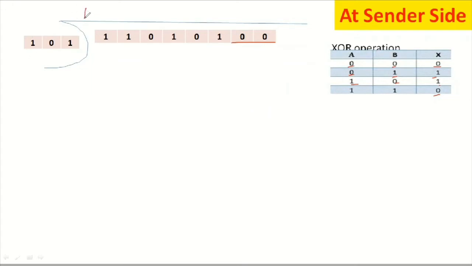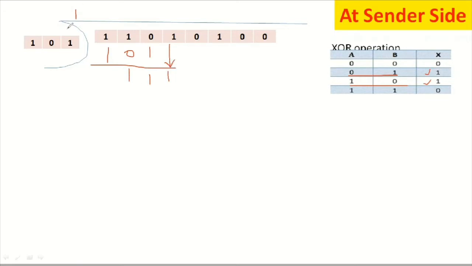First I'll be taking 1, so 101 once is 101. I'm putting 101 over here. XOR of 0 and 1 is 1. XOR of 1 and 0 is 1. XOR of 1 and 1 is 0. So I'm bringing 1 down.